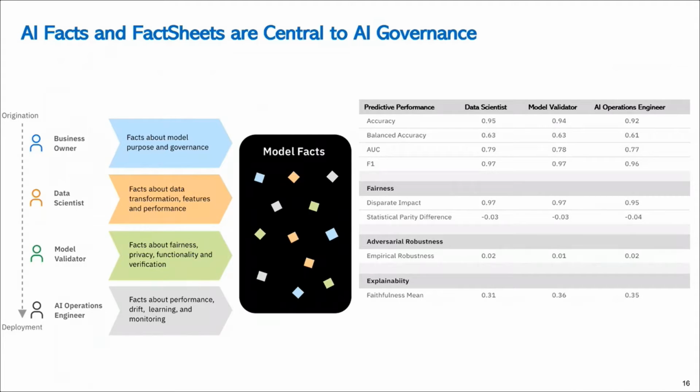What this shows is the same kind of information with those four broad categories, but it's showing them at different points in the life cycle. So it's one model, but the second column that says data scientist is showing what the values were when the data scientist tested it with their test data. The third column is what the values are when the validator tested it with the validator's data.